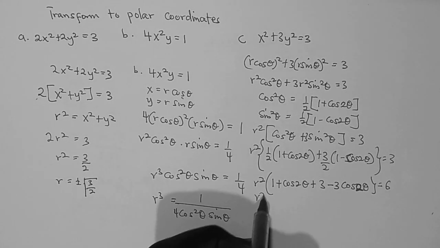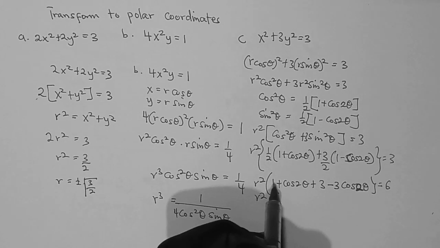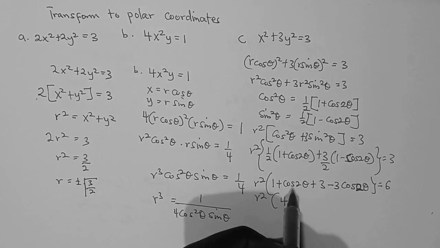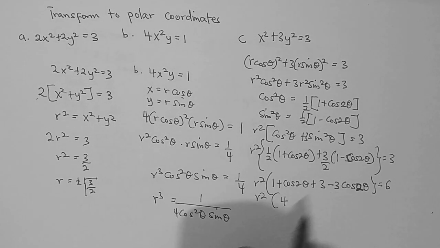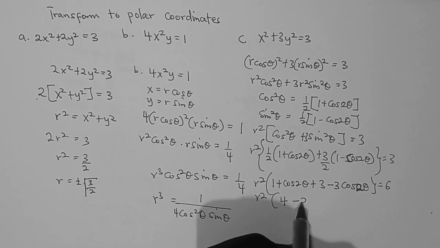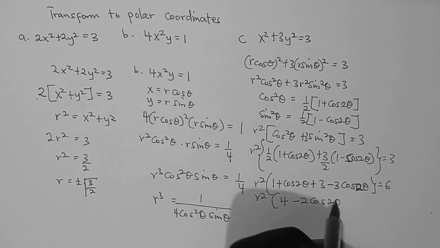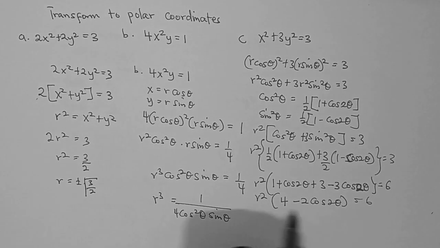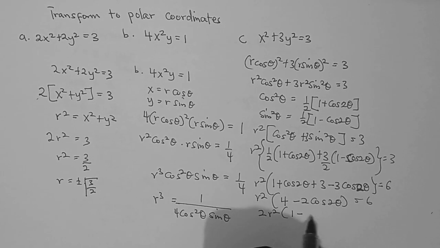So this becomes r squared into brackets 1 plus 3 is 4, then cos 2 theta minus 3 cos 2 theta becomes minus 2 cos 2 theta, equals 6. So we can factorize 2 out of this equation. So this becomes 2r squared into bracket 2 minus cos 2 theta equals 6.